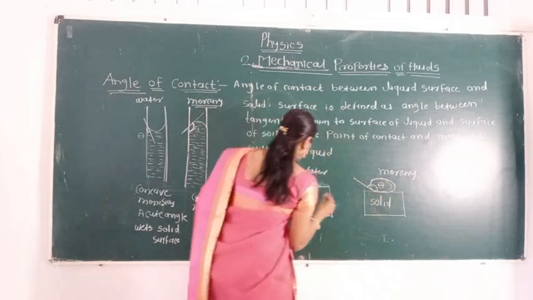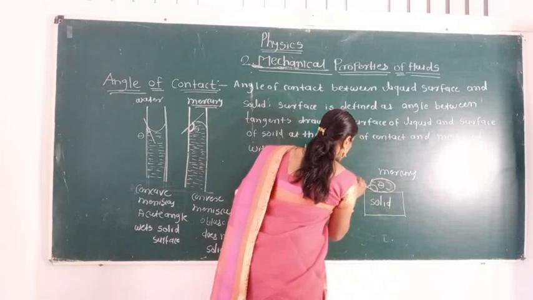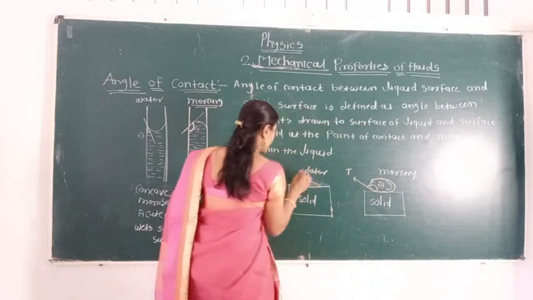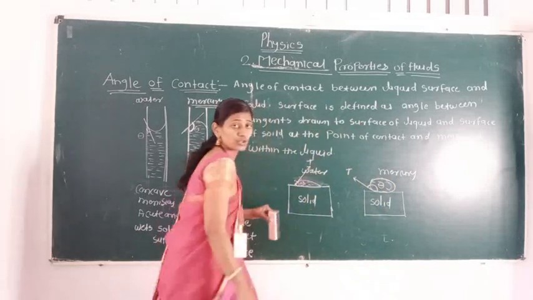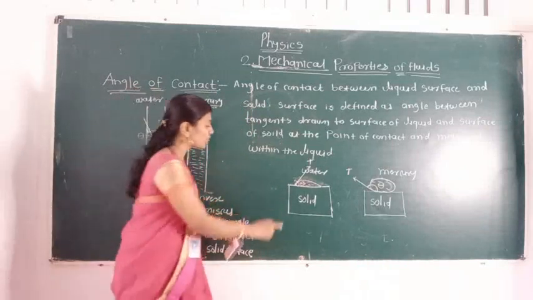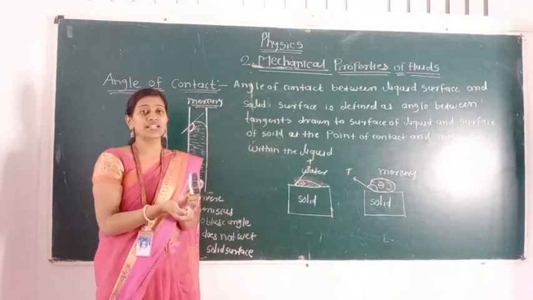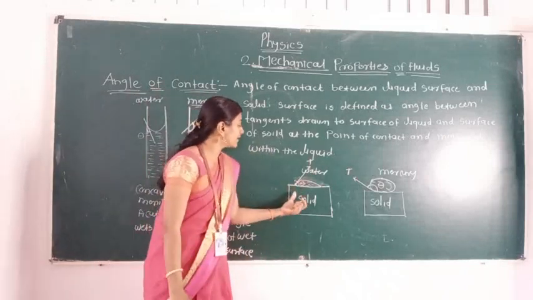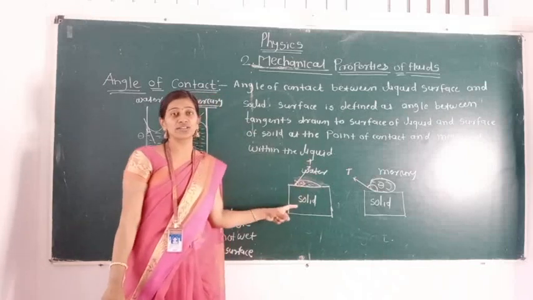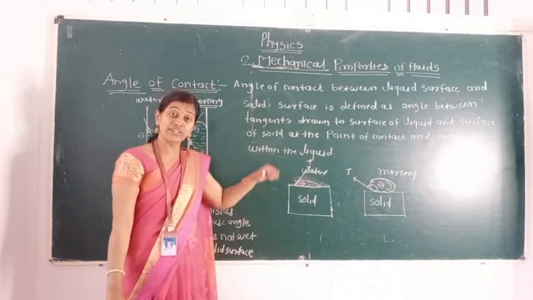Here it is a water drop, here it is a mercury drop. A tangent is drawn to the surface of liquid and solid at the point of contact, at which point the solid surface and liquid surface come in contact. We have to draw the tangent, and we are going to measure that angle of contact within the liquid.